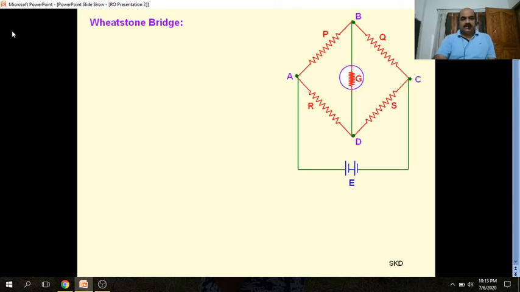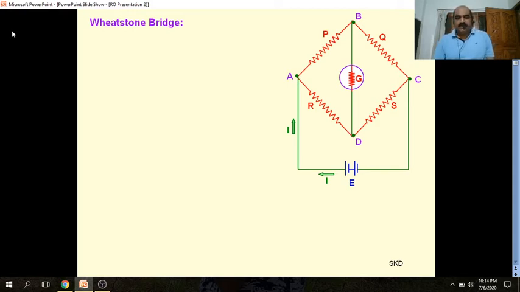As already told, Wheatstone bridge has four resistors. So let's see what is the significance of these four resistors and what the fifth one connected across the diagonal.